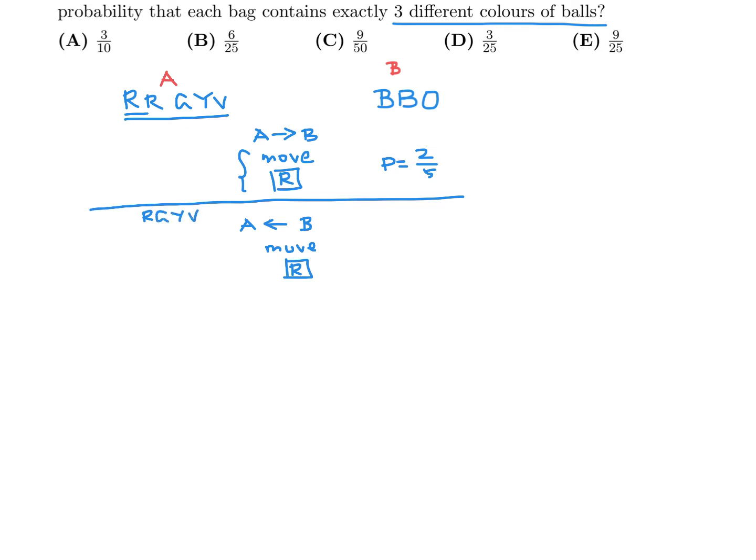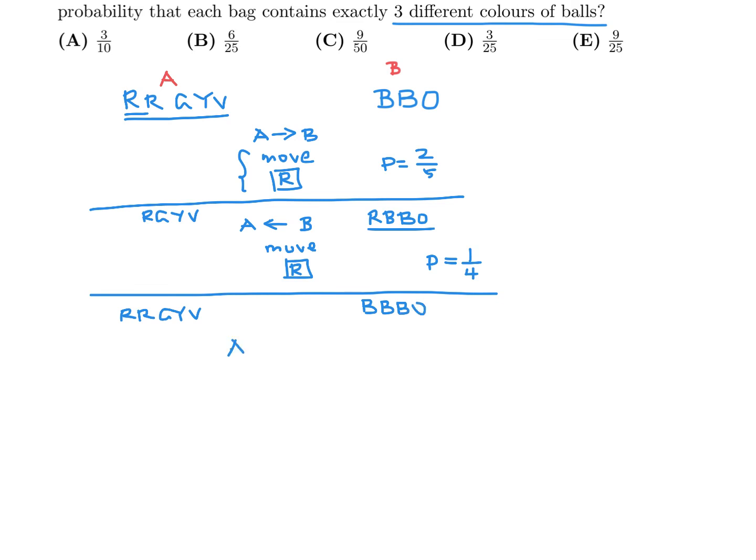Because the R is moved. But on this side, it's R, B, B, O because the red ball is now here. Now you move the R back, and the probability of choosing an R from here is 1 out of 4. Okay, when you move the R back, now we're right back to where we started, R, R, G, Y, V, and here we're right back to where we started, B, B, O.